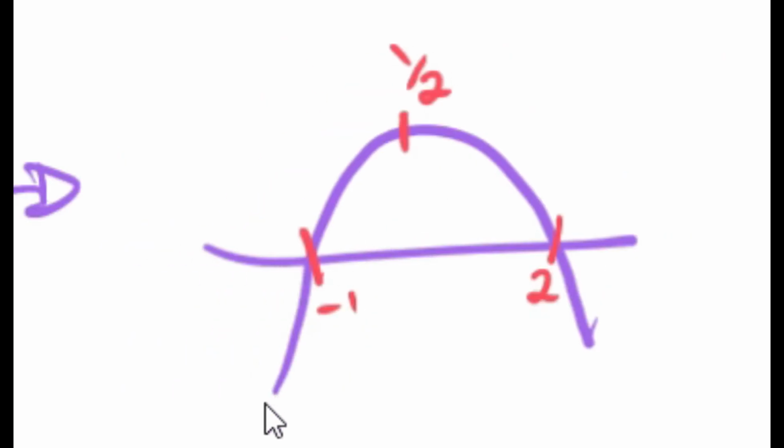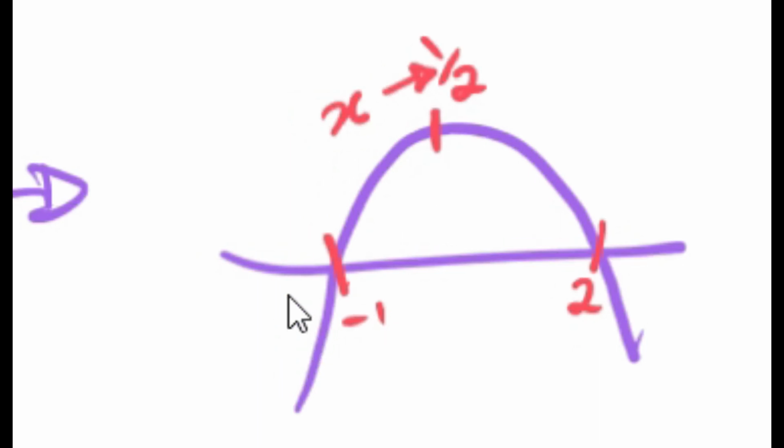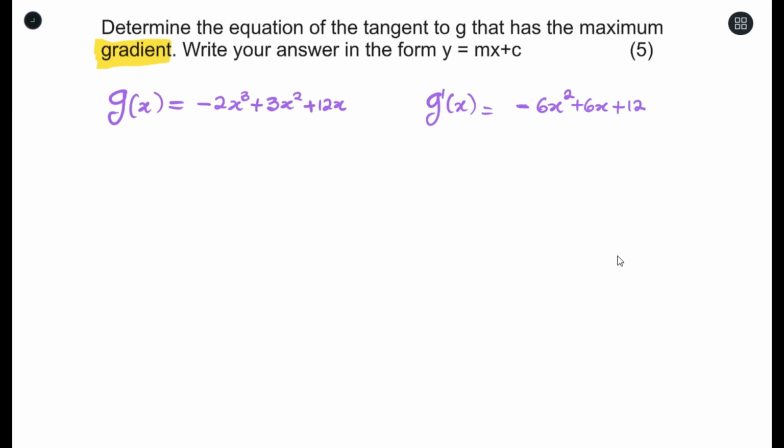As you can see, since this is a negative graph, it has a maximum value. And the maximum value for this would be at x is equal to 1 over 2. We are going to use x is equal to 1 over 2 as the x value that helps us find our tangent. Back to our question, we understand that x is equal to 1 over 2.